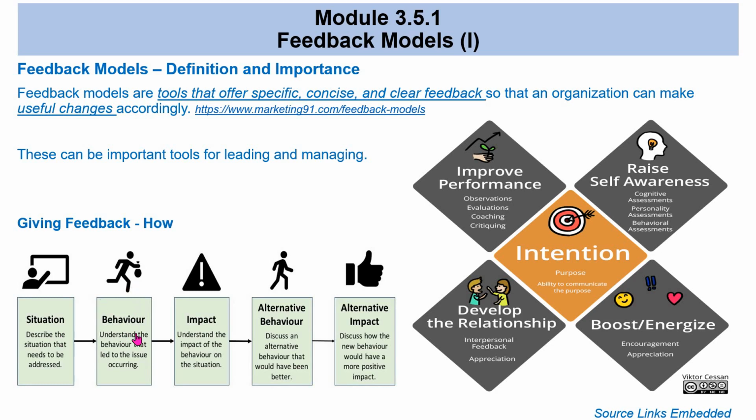Describe the behavior during that situation so that it is understandable what the impact is of that behavior and what could be alternative behavior and the impact of that alternative behavior. Now, these are so important because in the end, you want to be able to reach agreement in order to achieve your intentions of improving performance, creating more self-awareness, boosting or mentoring or energizing your team members or yourself, and also creating a good relationship.